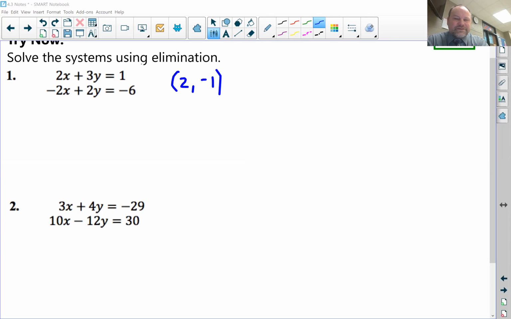All right, so working that one out, the x's are already opposites, so I don't need to multiply. I can just add my 2 equations. The 2 and -2, that's 0. 3y plus 2y is 5y. 1 plus -6 is -5.